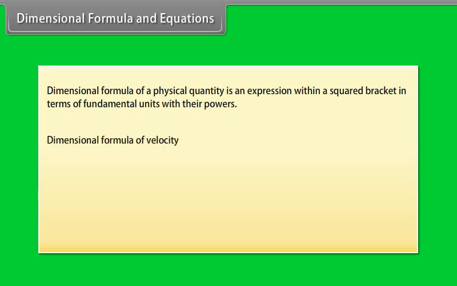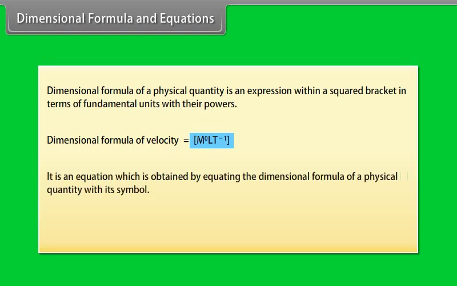The dimensional formula of velocity is [M^0 L T^-1]. The dimensional equation is obtained by equating the dimensional formula of a physical quantity with its symbol. Let us take an example. The dimensional equation of velocity is V equal to [M^0 L T^-1].